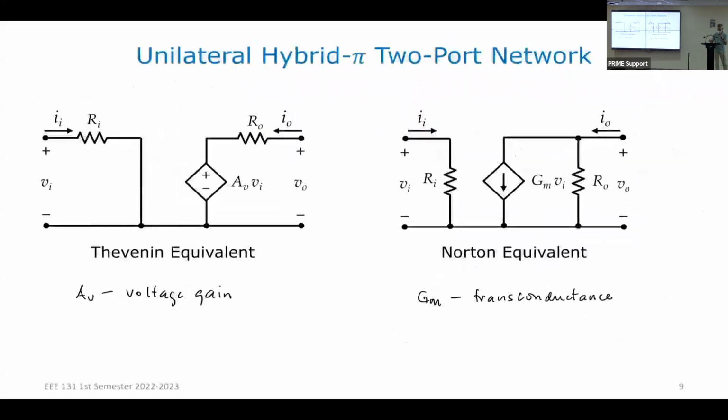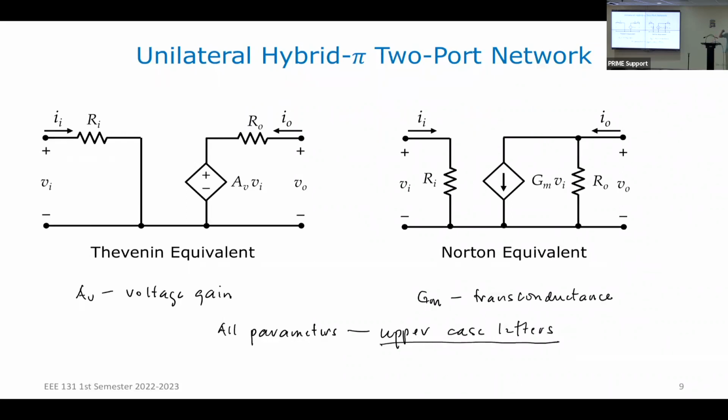What is the difference? Okay. The difference is summation. Take note that here, all the parameters are expressed in uppercase letters.